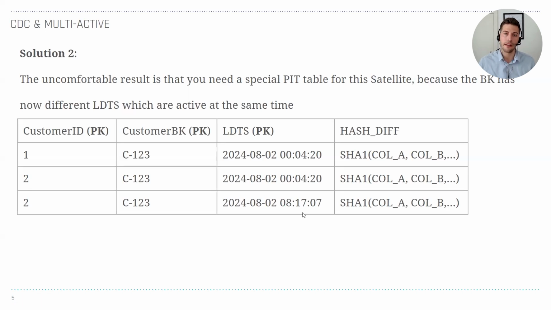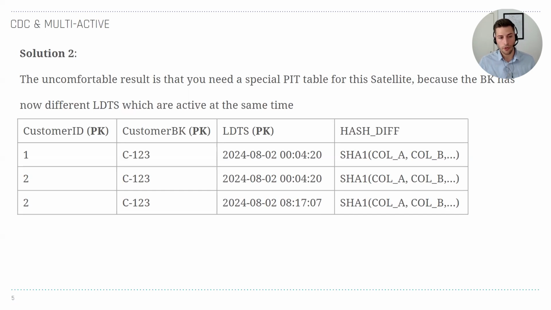This allows us to go with the hash key and load date timestamp and find all the most recent deltas in the multi-active satellite. So that means we can add it to the PIT table, which usually has entries for multiple satellites; we can simply add the multi-active satellite in addition. This is no longer possible with this approach.